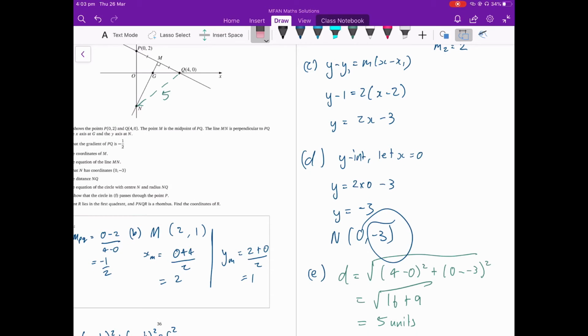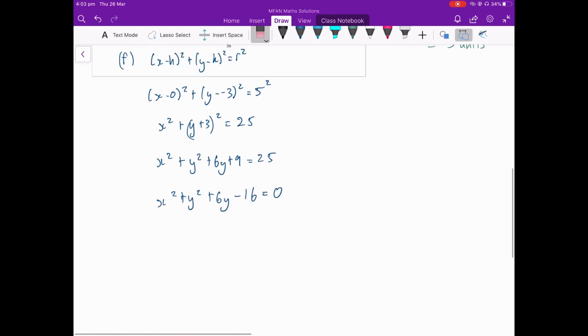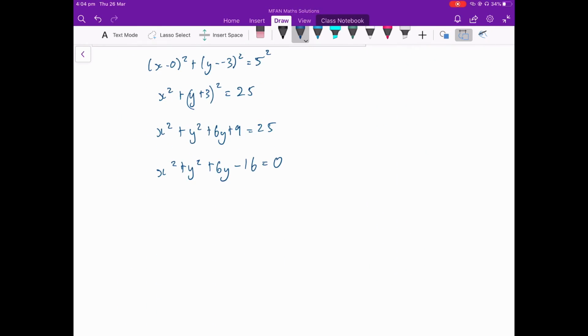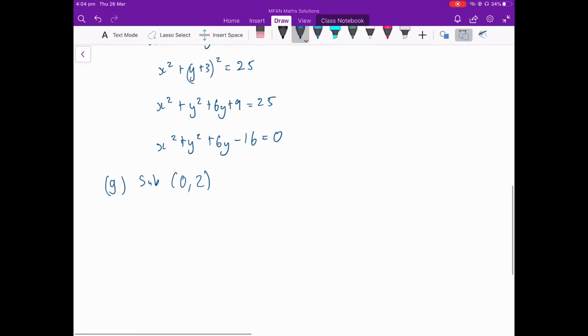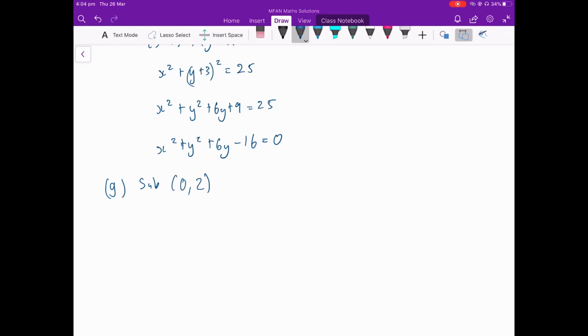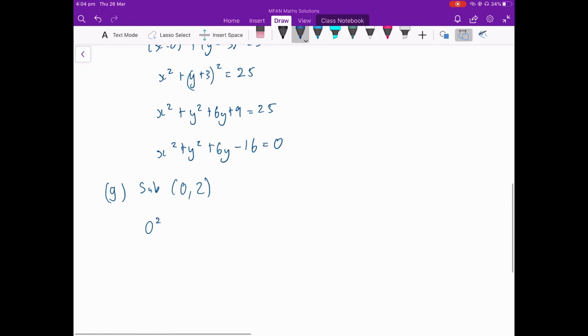but all you need to do is sub in the point P (0, 2), and it should work. So let's go G, so sub (0, 2) into that equation that we just had, and if it works out to be the right-hand side of 0 there, then we got the right answer. So I'll have 0 squared plus 2 squared plus 6 times 2, plus 12 minus 16.